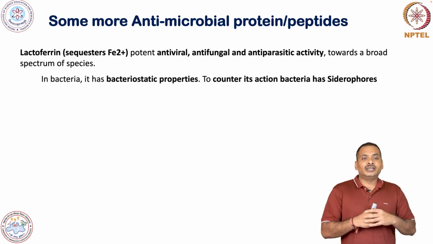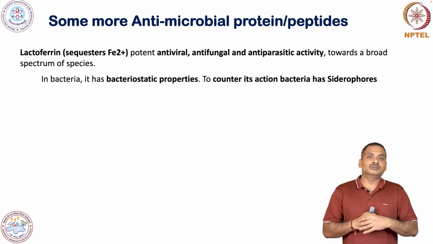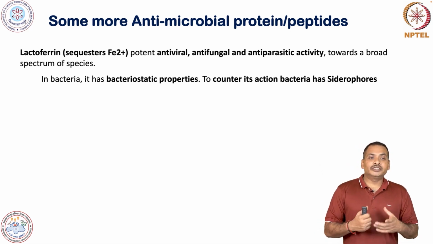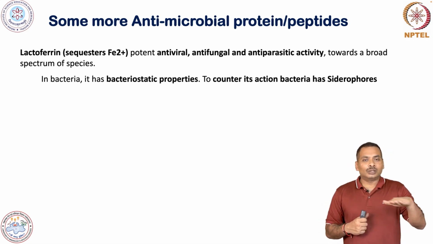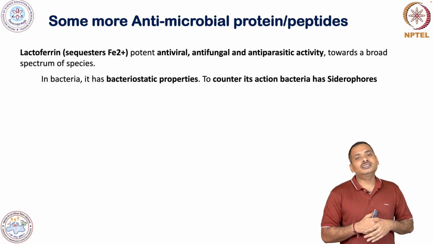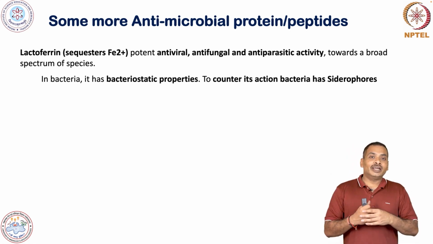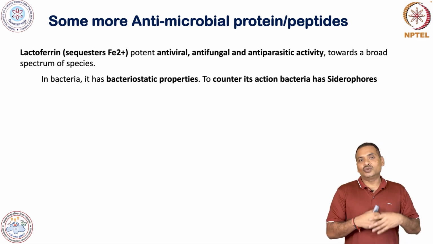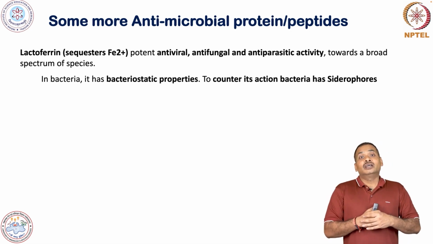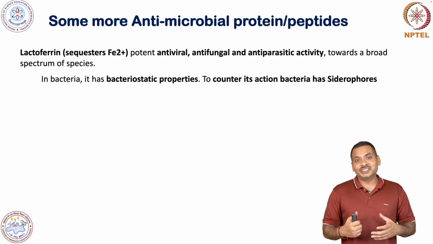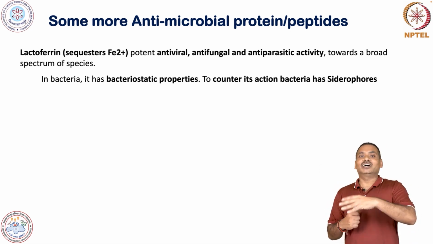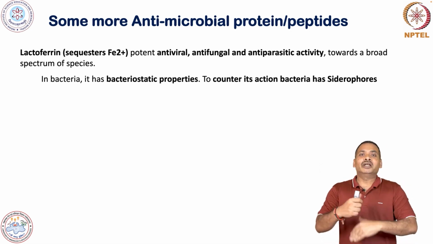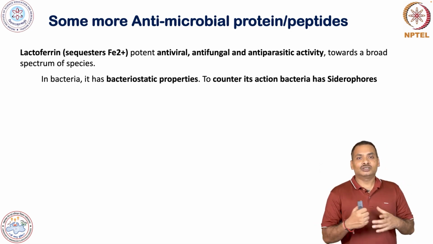So in bacteria it has a bacteriostatic property. It stops the growth of bacteria. To overcome this problem, bacteria have a variety of mechanisms by which they can get the iron in order to maintain their multiplication or growth.